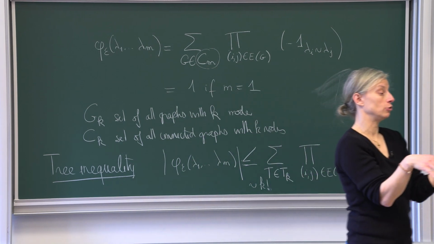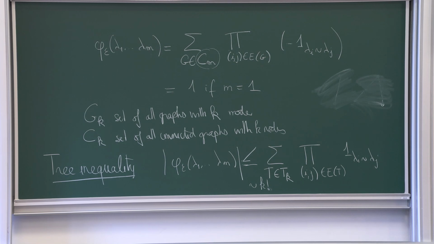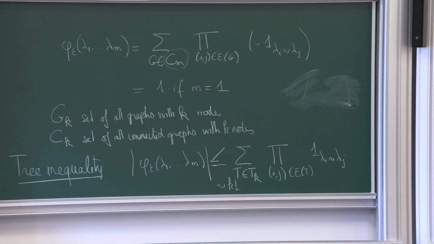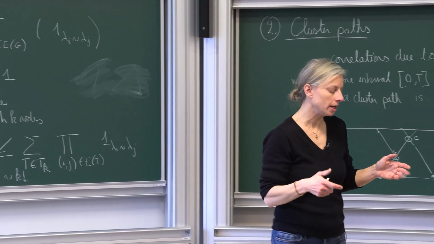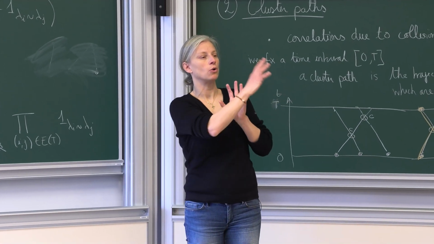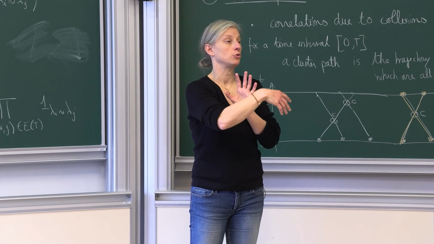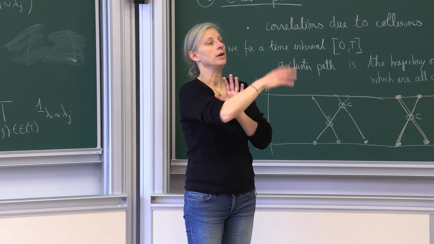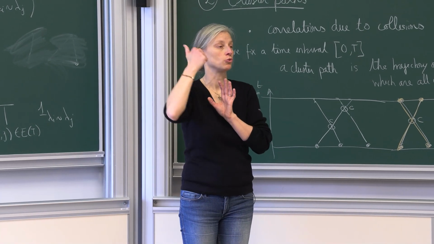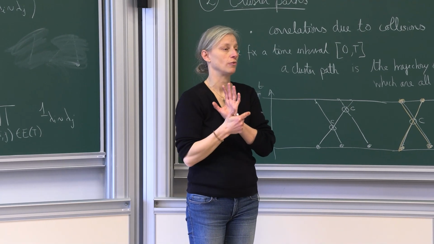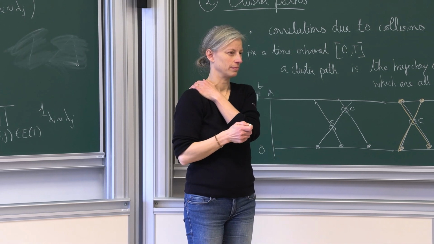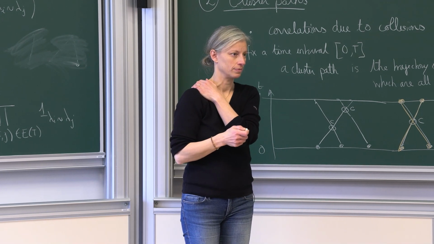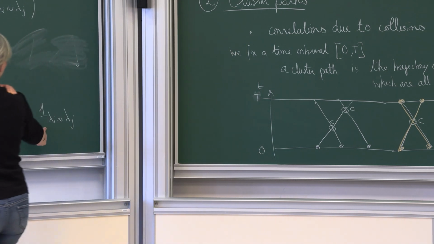Then you look at all the graphs which have the same image by this mapping, and all the other edges, sometimes you have them, sometimes you don't, but they cancel each other because once you have 1 and the other time you have -1. And the inequality here is really with a 1? It's the indicator function.